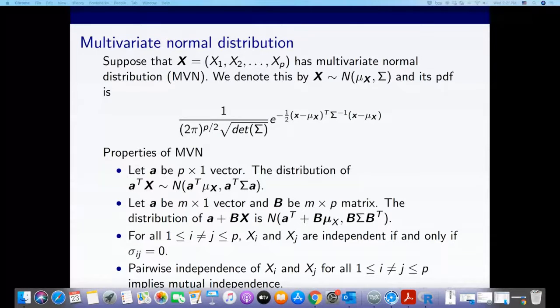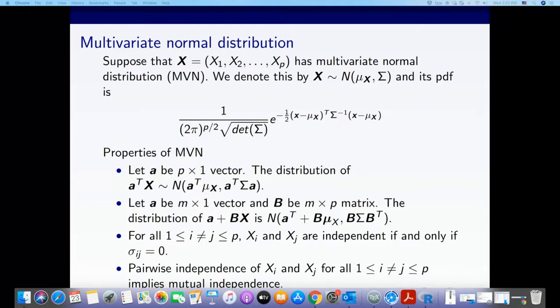Pairwise independent means that you can take the joint distribution of any pair.